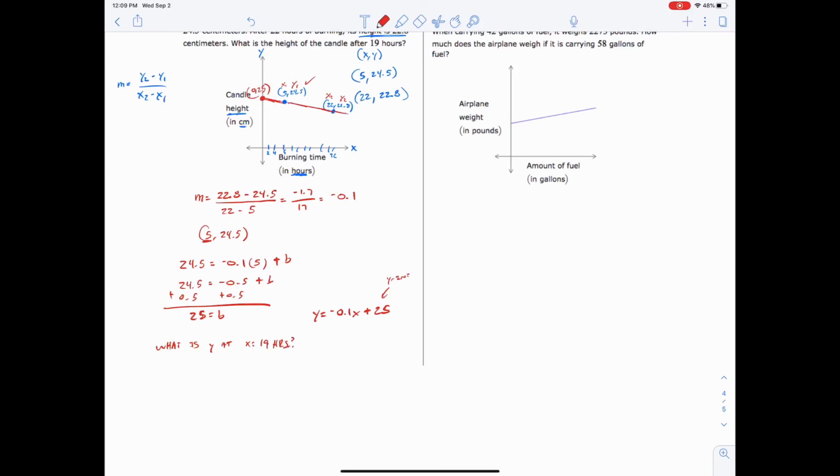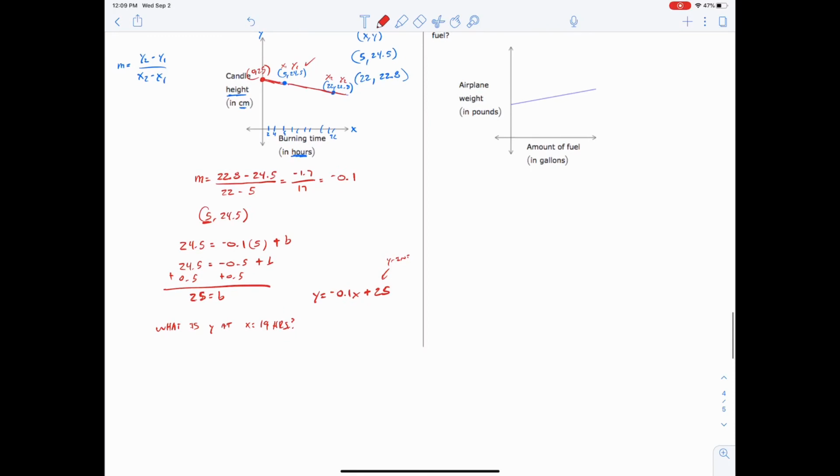Sorry, that is extremely messy. So what is y at 19 hours? Meaning, if I rephrased that, what is the candle height in centimeters at 19 hours? Or, the candle's been burning 19 hours, what is the height of the candle? That's all that's saying right there. So don't get too confused by the way the language is being worded. So let's figure that out.